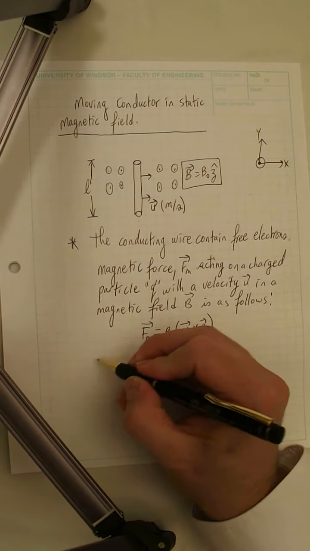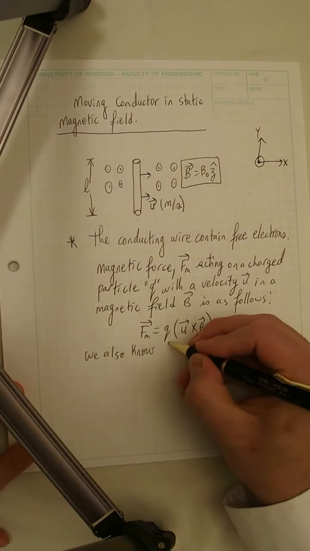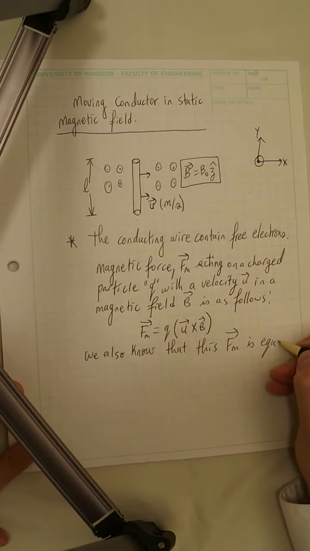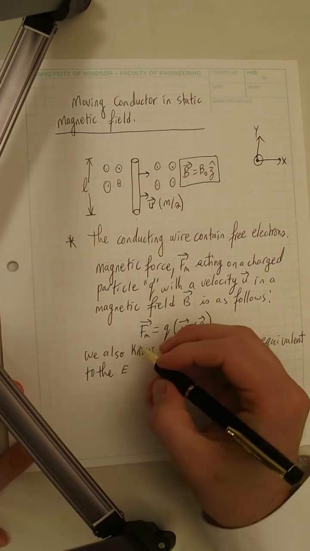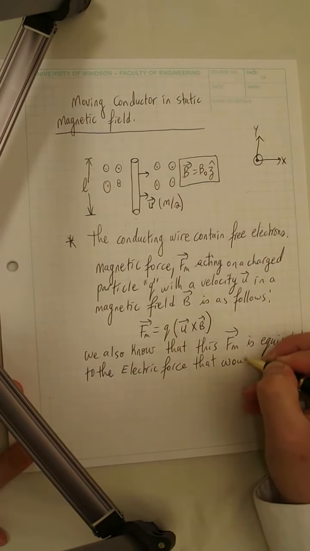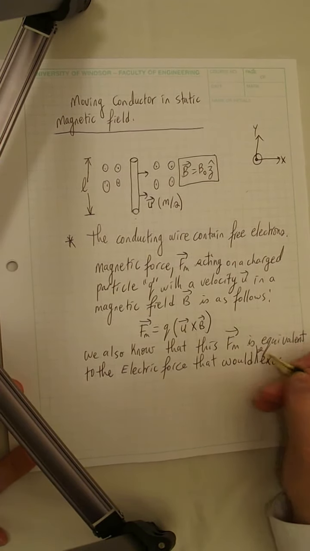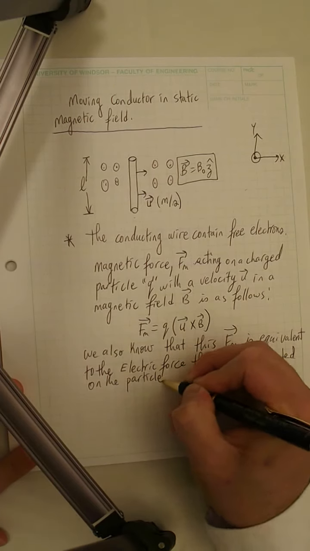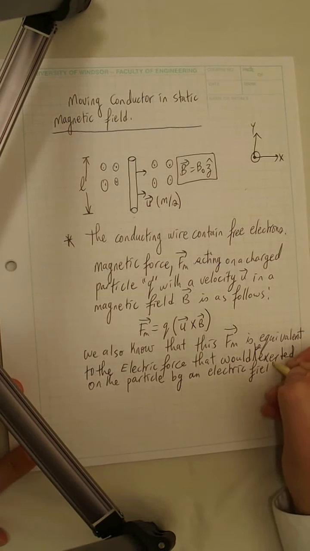So we also know that this magnetic force is equivalent to the electric force that would be exerted on the particle by an electric field Em.